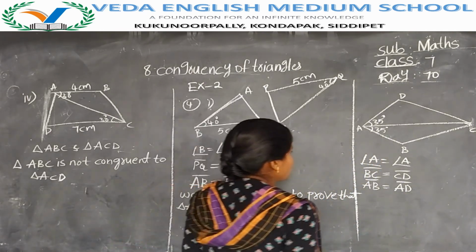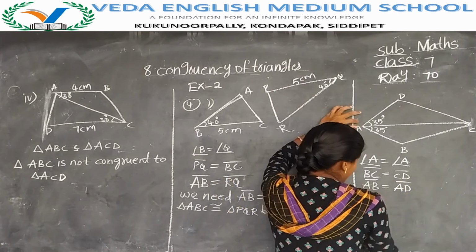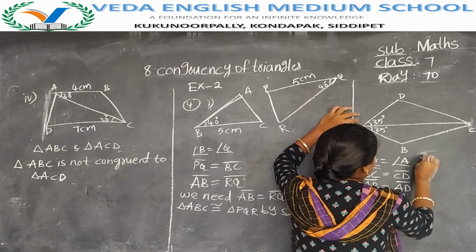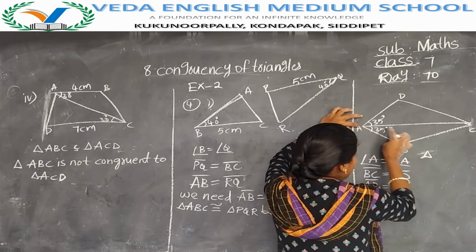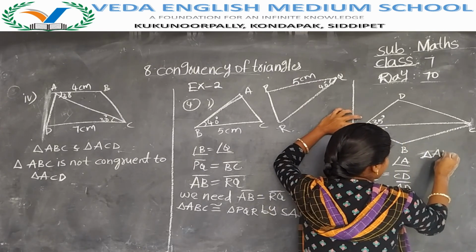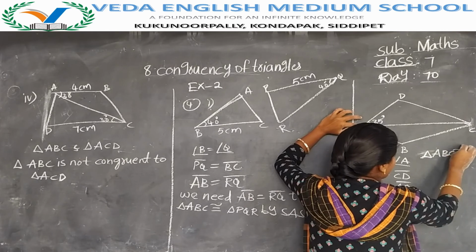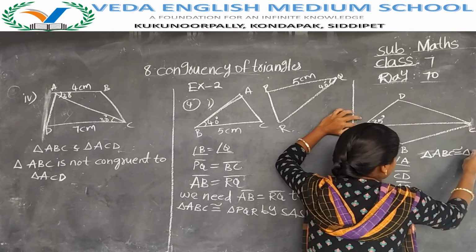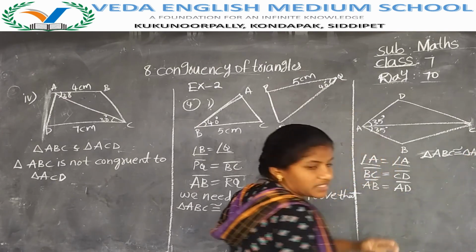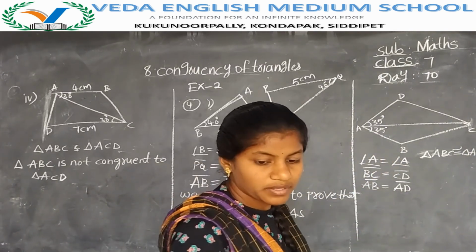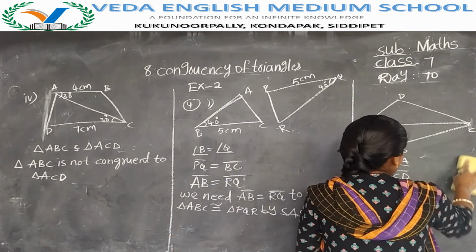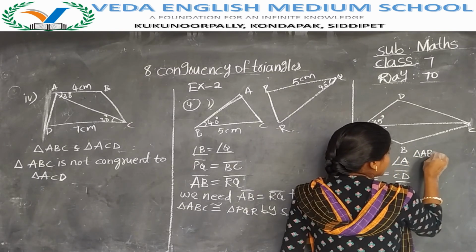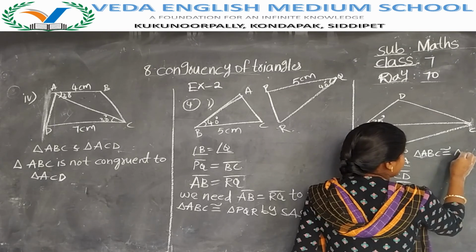So here you have to say that, and afterwards you have to write this. Two triangles are there: triangle ABC is equal to triangle ACD.